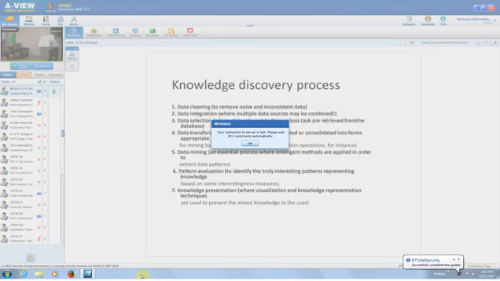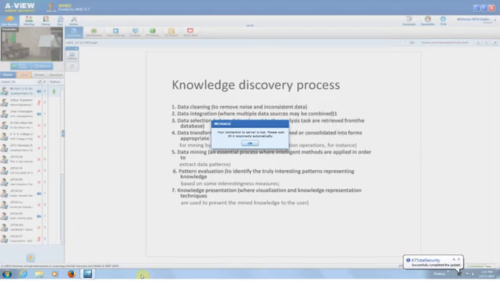And data selection, where data relevant to the analysis task are retrieved from the database. That retrieval process is the selection process. And data transformation, where data are transformed or consolidated into forms appropriate for mining by performing summary or aggregation operations. The summary and aggregation are some operations I am telling.